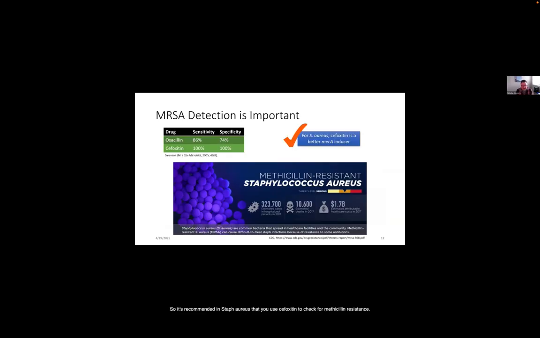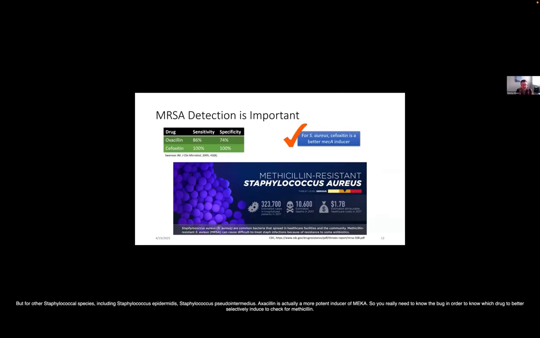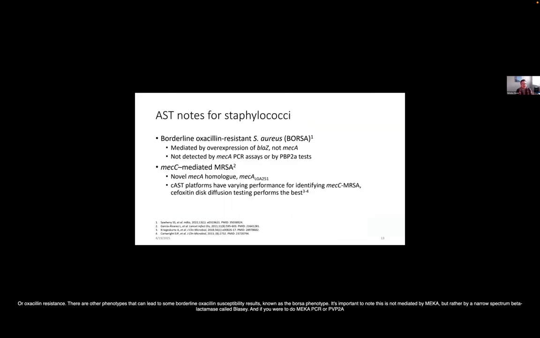So it's recommended in Staph aureus that you use cefoxitin to check for methicillin resistance, but for other staphylococcal species, including Staphylococcus epidermidis and Staphylococcus pseudintermedius, oxacillin is actually a more potent inducer of mecA. So you really need to know the bug in order to know which drug to selectively induce to check for methicillin or oxacillin resistance.